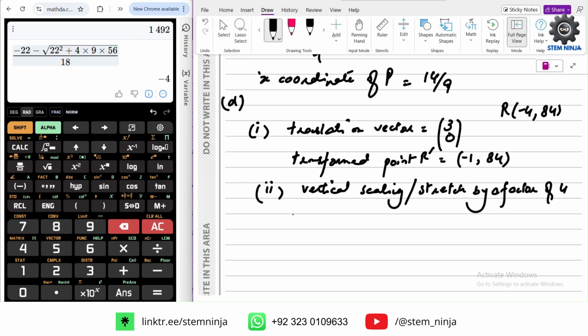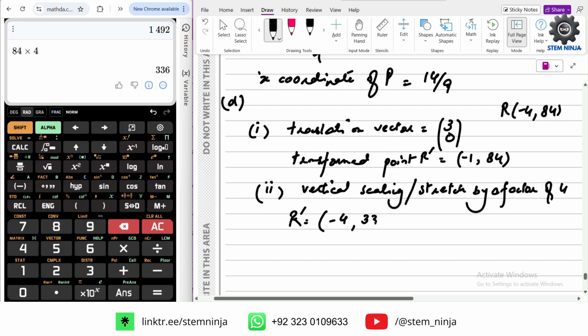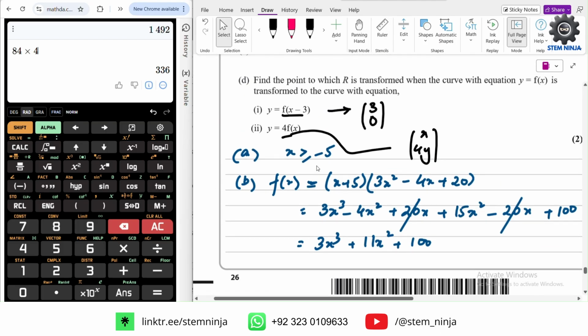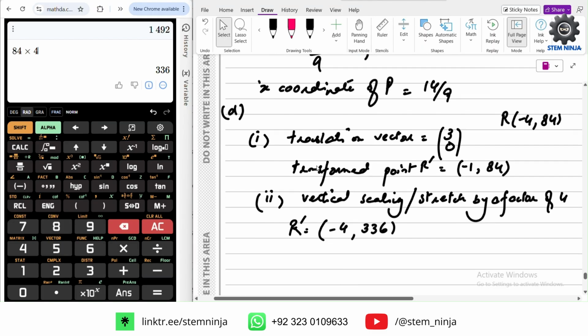So R prime would be at minus 4, 84 times 4, this is 336. And that's about it. And yeah, thank God. Okay, alright, it's over.